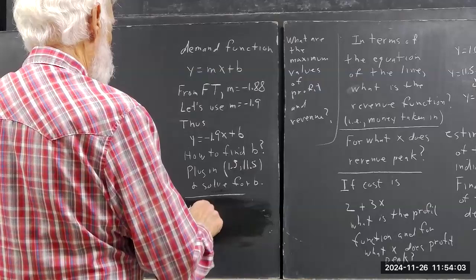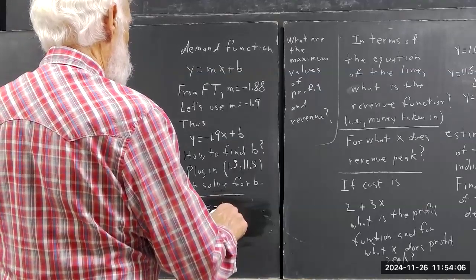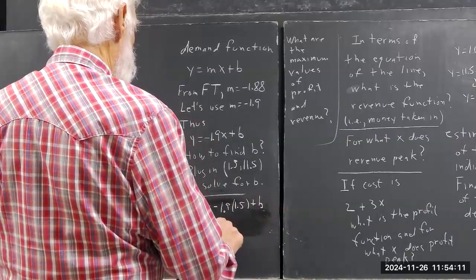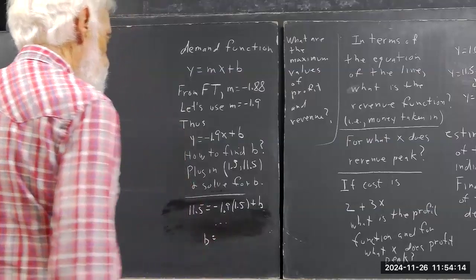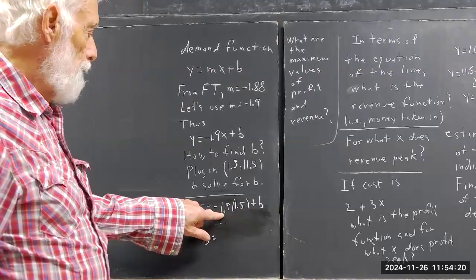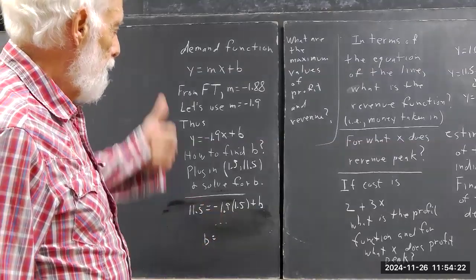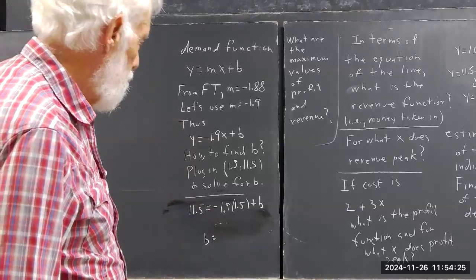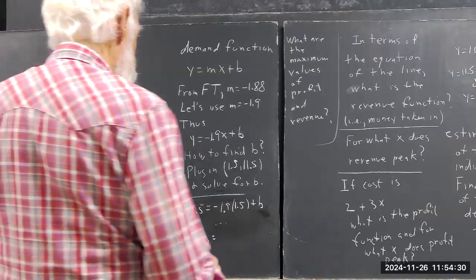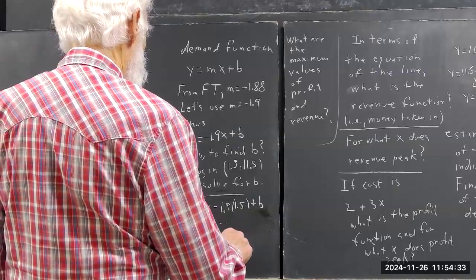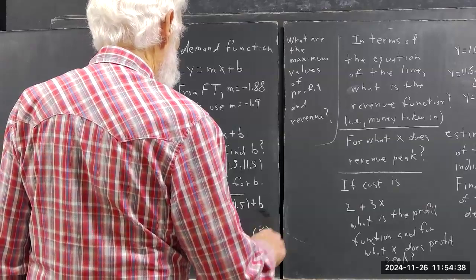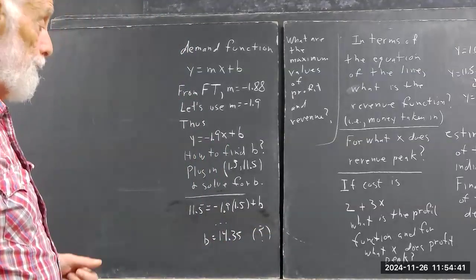So we get 11.5 equals negative 1.9 times 1.5 plus b. We solve this and we get b equals what? Well, half of 1.9 is 0.95. So negative 1.9 and half of negative 1.9 is negative 2.85. We add that to 11.5 and we get 14.35.